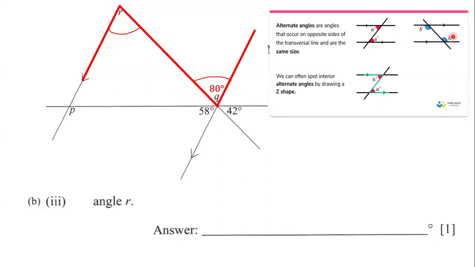So alternate angles are equal in measure. Since angle Q and angle R are alternate angles, they are equal in size. Since Q is equal to 80 degrees, R is also equal to 80 degrees. So the size of angle R is 80 degrees.